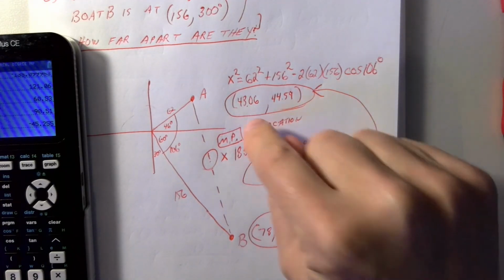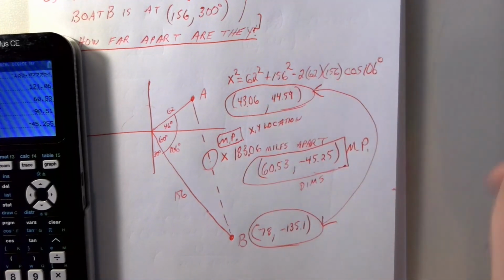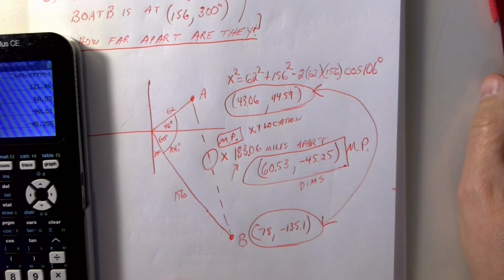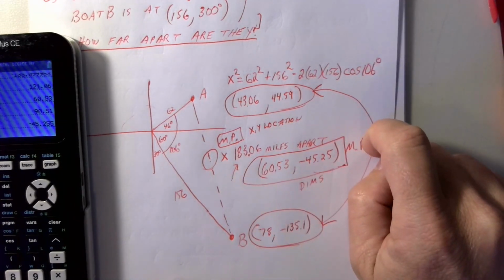If we do the distance formula, the square root of x2 minus x1 squared plus y2 minus y1 squared, you know what we're going to get? We're going to get 183.06, the exact distance between those two boats.